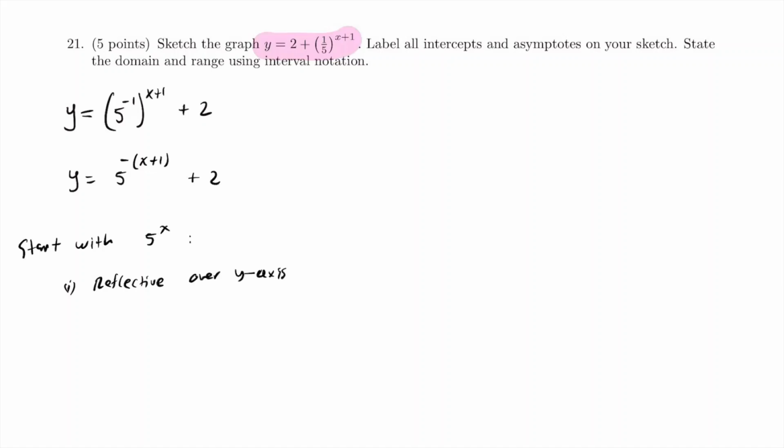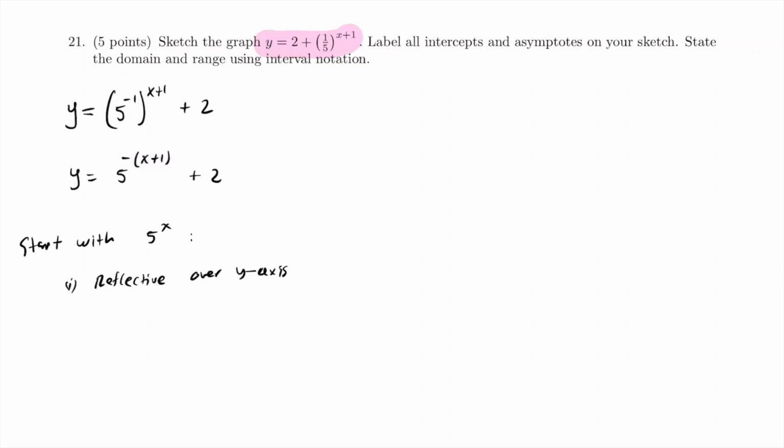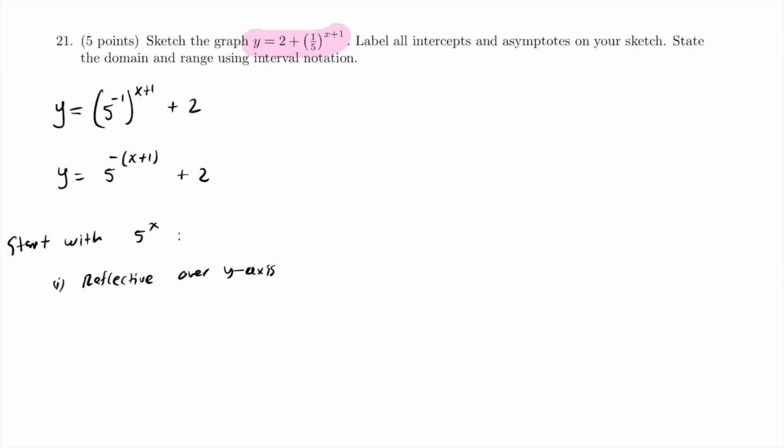And then that plus 1 inside the parentheses represents a shift to the left 1 unit. So this is a horizontal shift, left 1 unit. And the last thing is plus 2 right here. That's going to represent a vertical shift. So we're going to go up 2 units. And that will give us the final sketch.